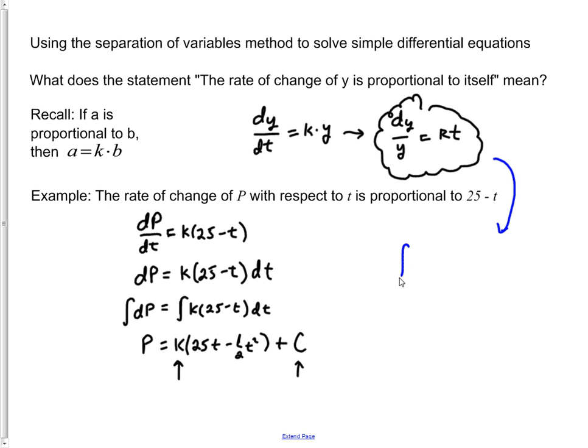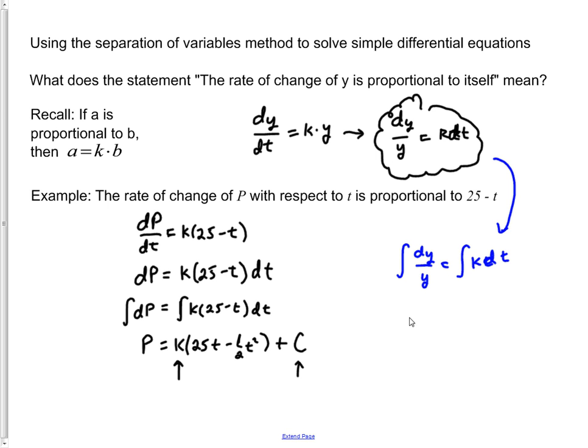It would mean that we have the type of equation that goes like this: the integral of dy over y is equal to the integral of k dt. That should have been dt, shouldn't it have been? Okay, correction made.